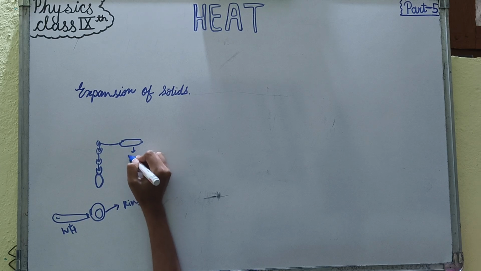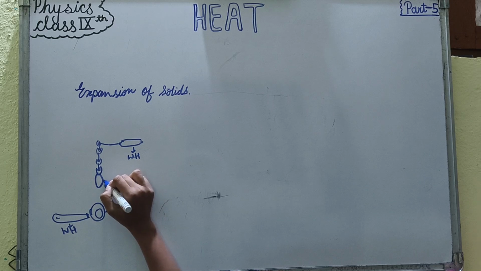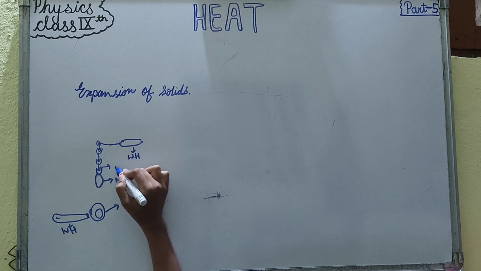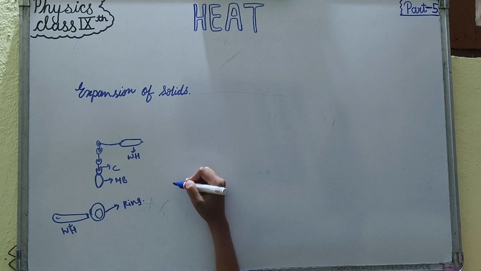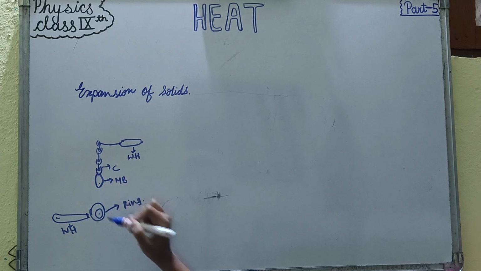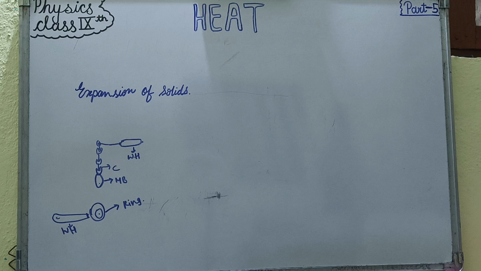Again this is the wooden handle, this is the metallic ball, and this is the chain. And we put this metallic ball in this ring with wooden handle.